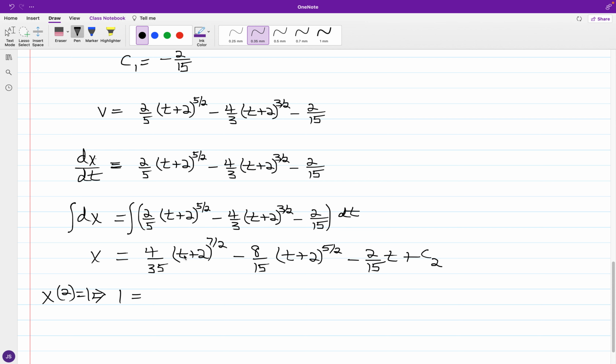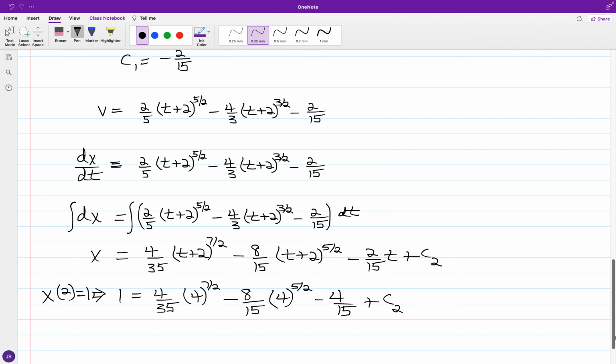We have 4/35 of 4 to the 7 halves, minus 8/15 of 4 to the 5 halves, and minus 2/15 times 2, so minus 4/15, plus c sub 2.